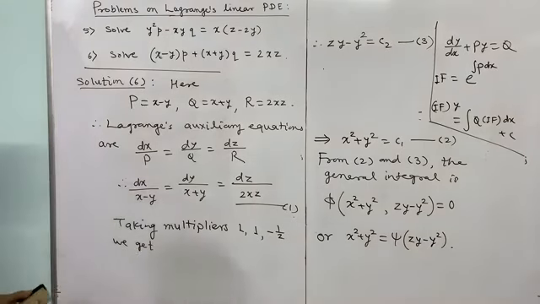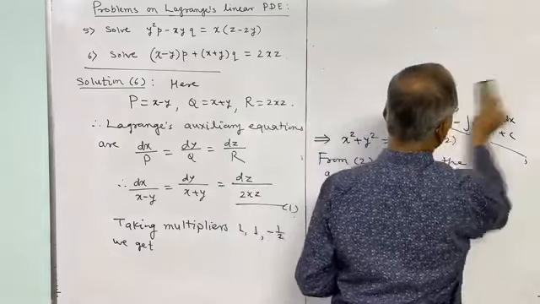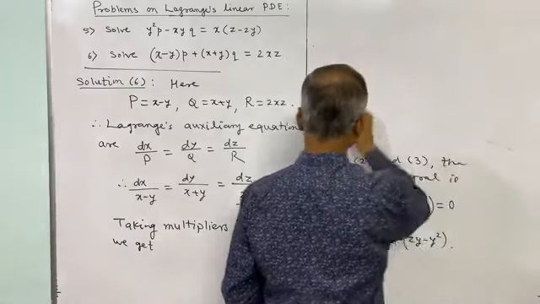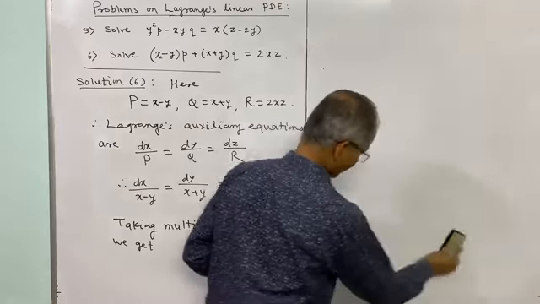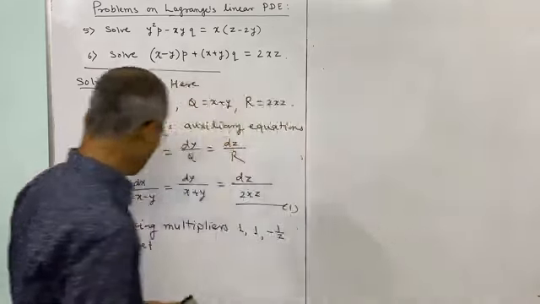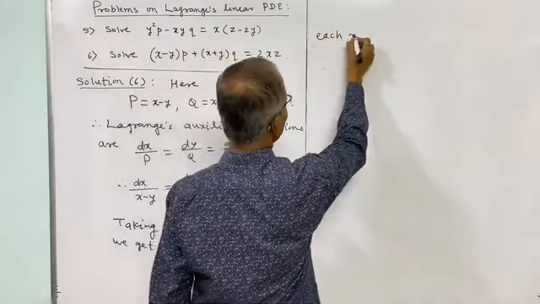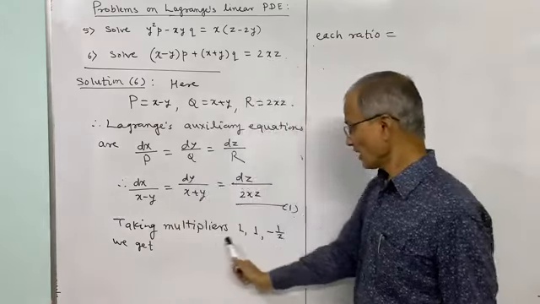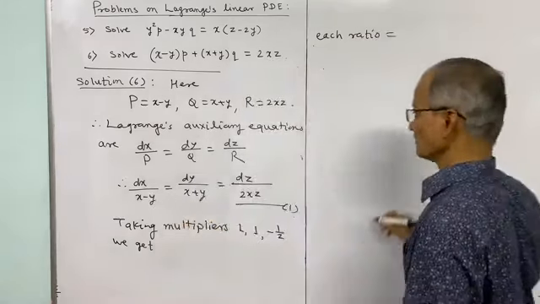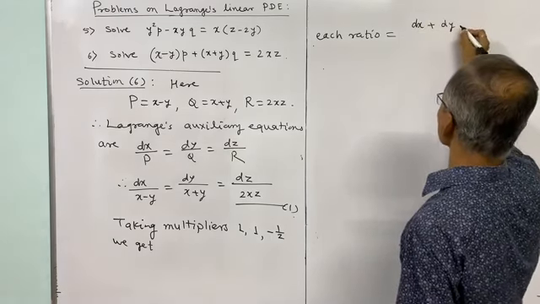so each ratio is, I shall write here, so we get each ratio. First is multiplied by 1, so 1 into dx, that is dx. Second multiplied by 1, that is dy.